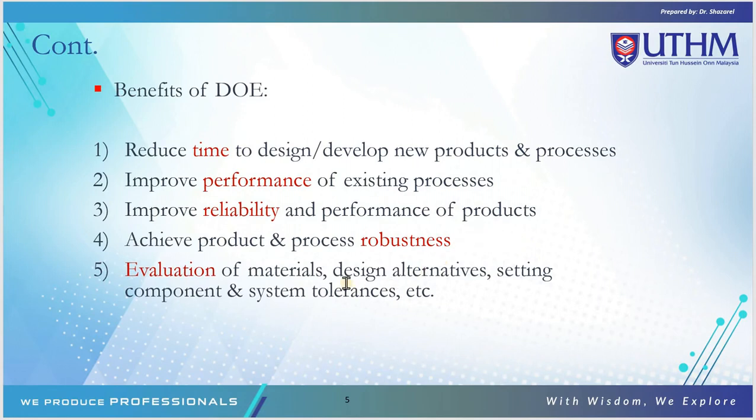And then we can achieve product and process robustness. And lastly, we can evaluate material design alternatives, setting components, and system tolerance. These are all processes or factors that contribute to the manufacturing process, so we can evaluate them.